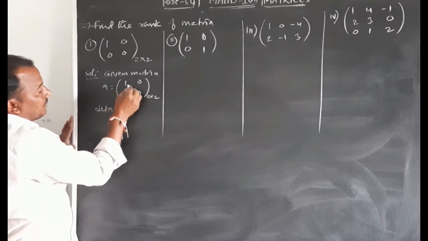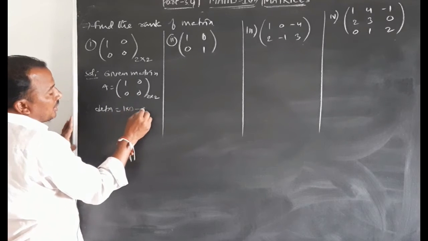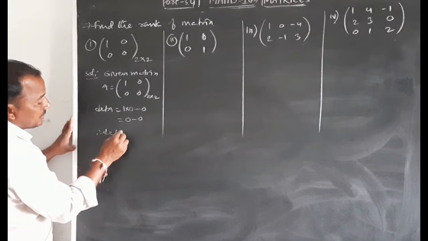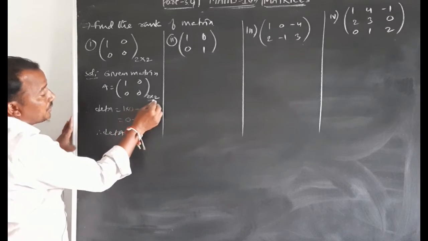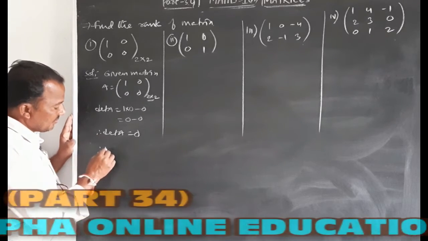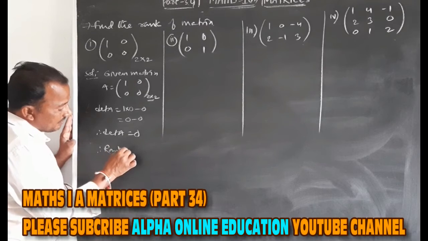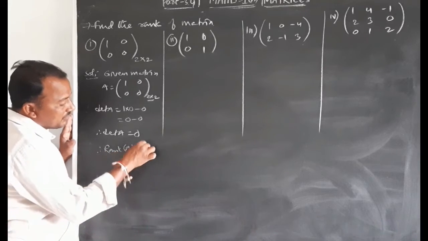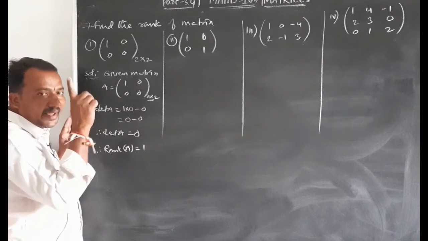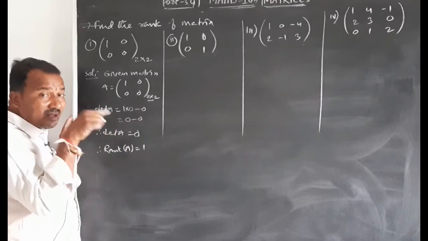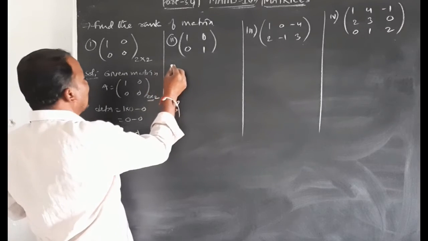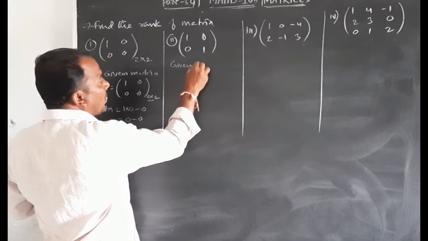Det A equals 1 into 0 minus 0 into 0, which is 0. So det A equals 0. The 2 by 2 matrix is singular, then rank of A equals 1. If 2 by 2 is singular, then rank is 1; if non-singular, rank is 2.